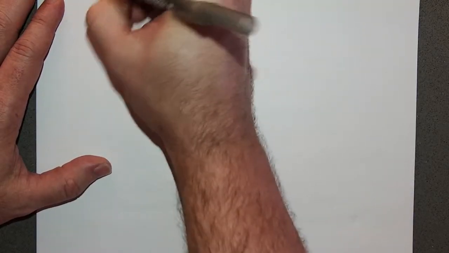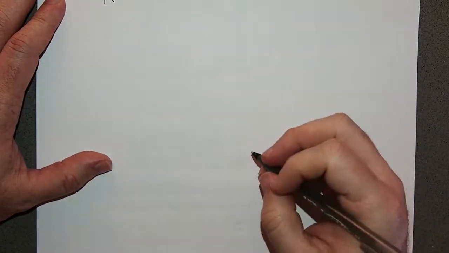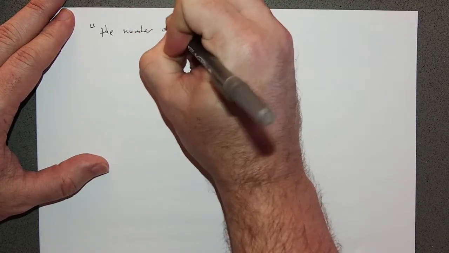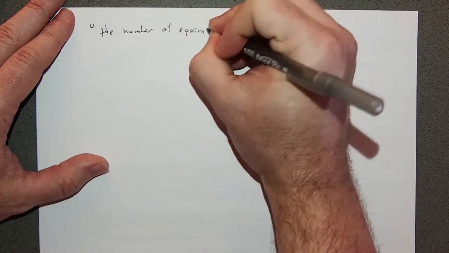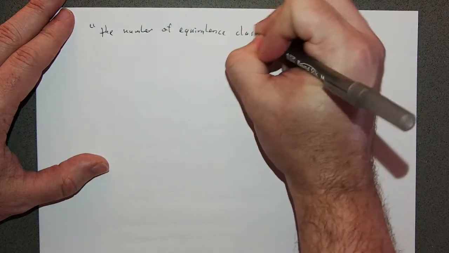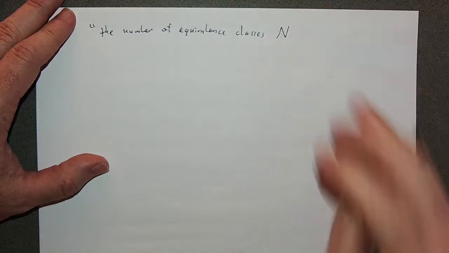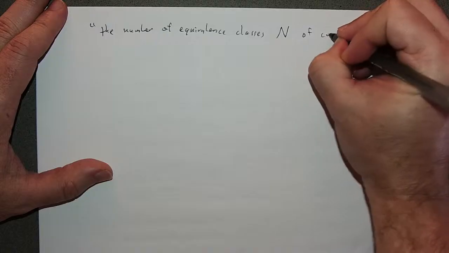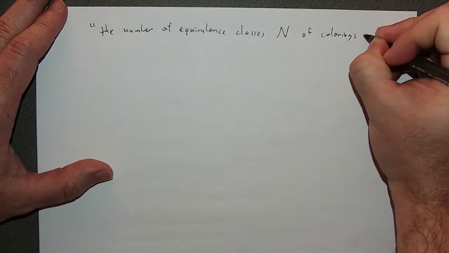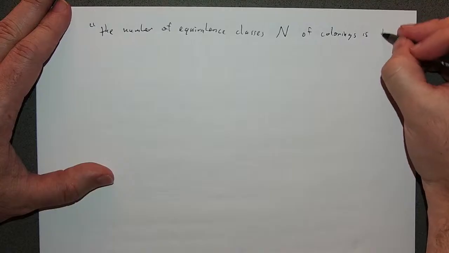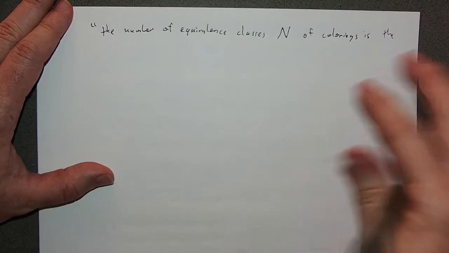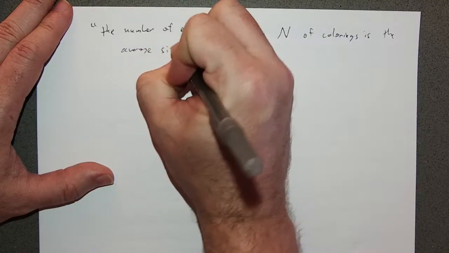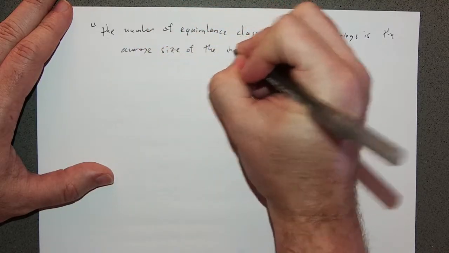Okay. This leads us to the following, which is that it turns out that the number of equivalence classes, which is what we're interested in, we'll call it N maybe, so equivalence classes of colorings, is the average size of the invariant sets.